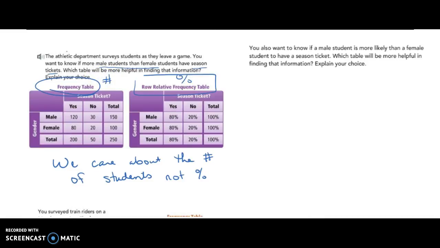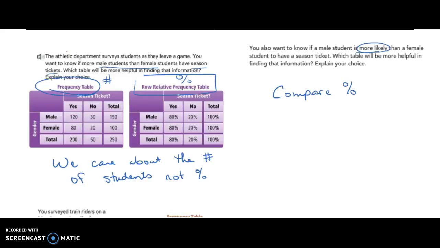So we also want to know if a male student is more likely than a female student to have a season ticket. So are they more likely? As we're looking at it, we are seeing that they did not ask the exact same number of students. So we are looking to compare percents to know whether or not men are going to be more likely than women to have this particular season ticket.